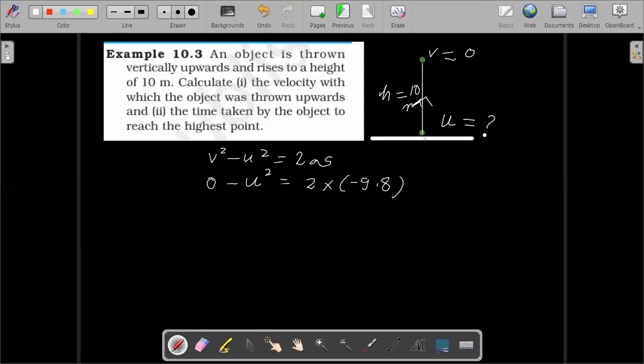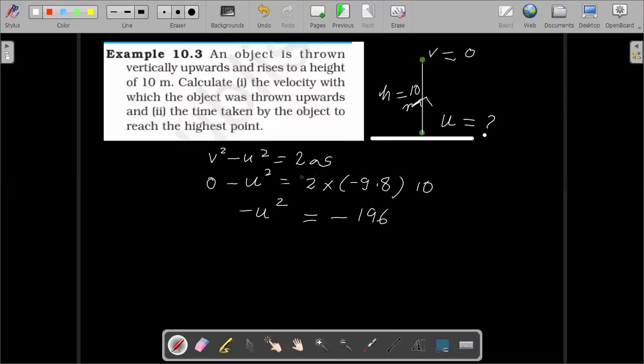The displacement that it has gone is 10 meters. So I will obtain here u squared equals negative of... it will be negative of 196.